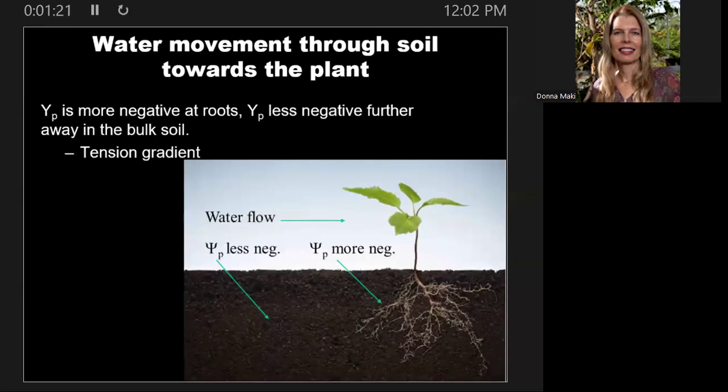Okay, so we need to think a little bit more about how water is getting to the plant and then moving through the plant. If you think about it, it makes sense that the plant isn't at the total mercy of its surroundings, in the sense of, if water just happens to trickle by, I can capture some.